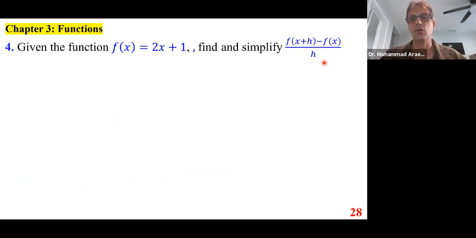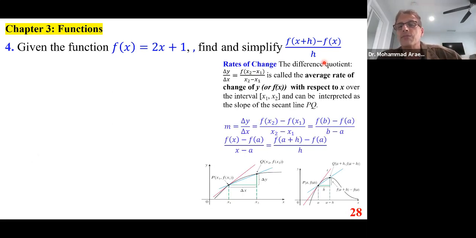That's the same thing. So rates of change, the difference quotient, this is the difference quotient. Normally we use this one, delta y over delta x, f of x sub 2 minus f of x sub 1 over x sub 2 minus x sub 1. That is also known as a difference quotient.